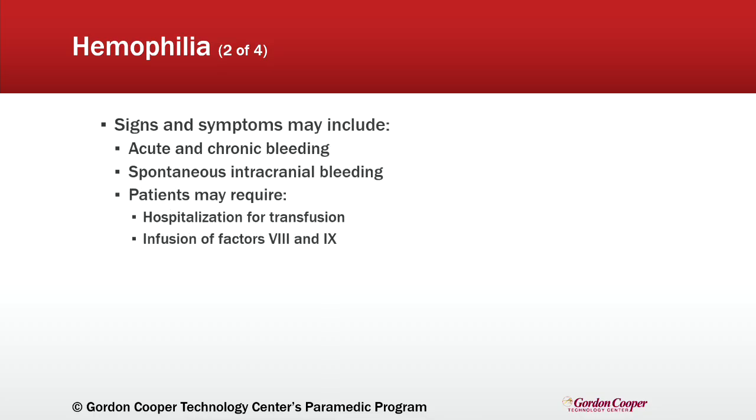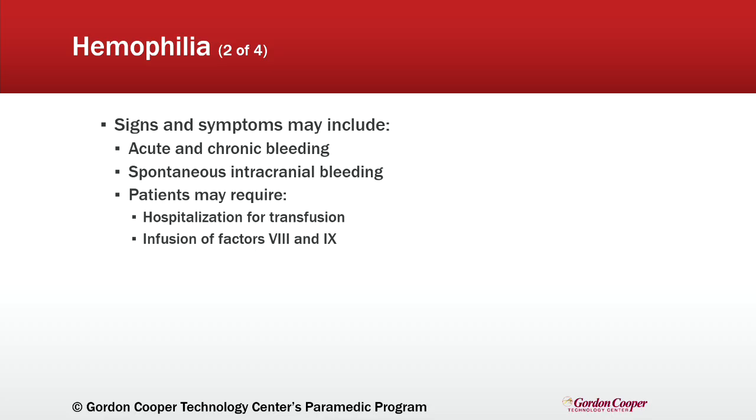Now, the levels of the factors, those factors 8 and 9, which I just mentioned, determine the severity of the disease for that particular person. So signs and symptoms are the same in both types, and they may include acute or chronic bleeding and sporadic intracranial bleeding.